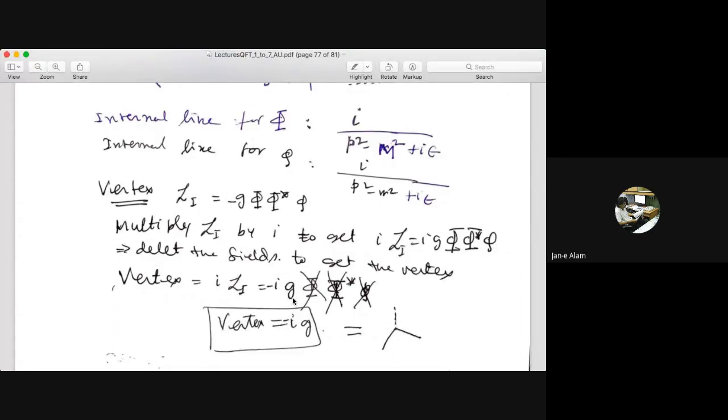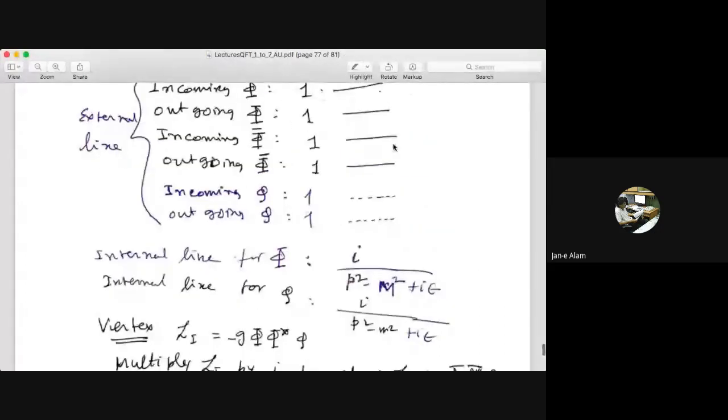Then to get the vertex, I'll just delete all the fields. This I have done deliberately, it is intentional. And whatever will be left out, that is the vertex, right? So here, the 2 capital Phi fields, solid line as I said, and a dotted line.